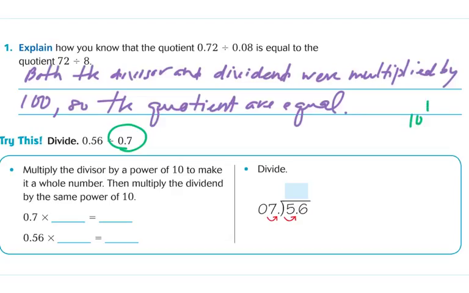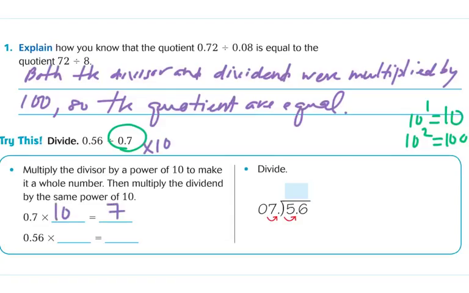So I'm going to put down the first power of 10, which is 10. The second power of 10, which is 100. Now, if we have 7 tenths, boys and girls, what whole number sounds like 7 tenths? That's correct. 10.